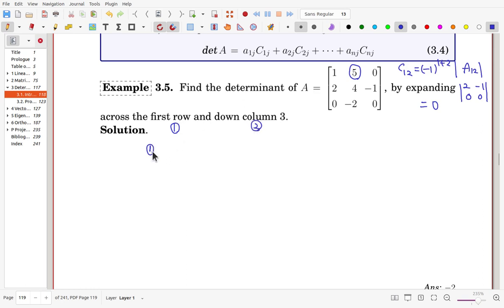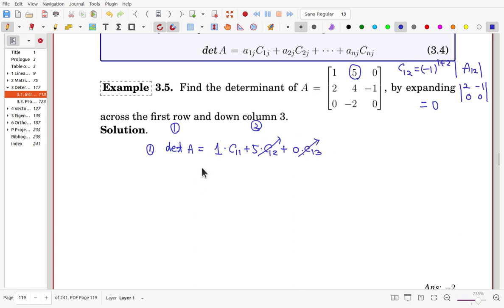For the first part, the determinant of A is 1 times C11, plus 5 times C12, plus 0 times C13. We already got C12, and that's 0, so we can eliminate this one. And this is 0, so we don't have to get C13.